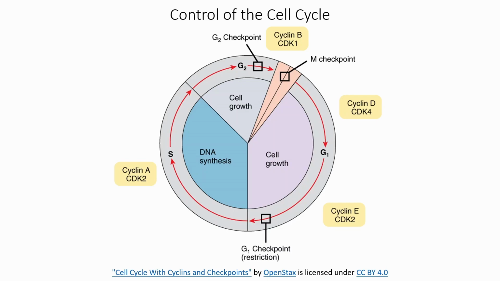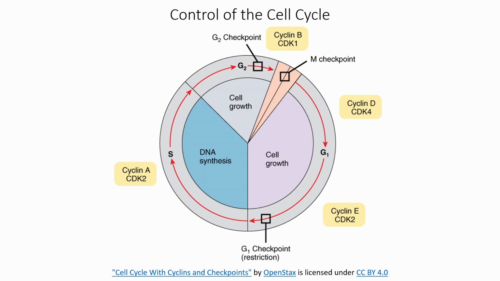And so the checkpoint gives us that pause to fix any errors that can be fixed. If it is too damaged, beyond repair, then we can trigger apoptosis. Remember, we talked about that at the beginning. So checkpoint 1 is focused on making sure the cell is intact and without damage to go through the rest of the cell cycle.